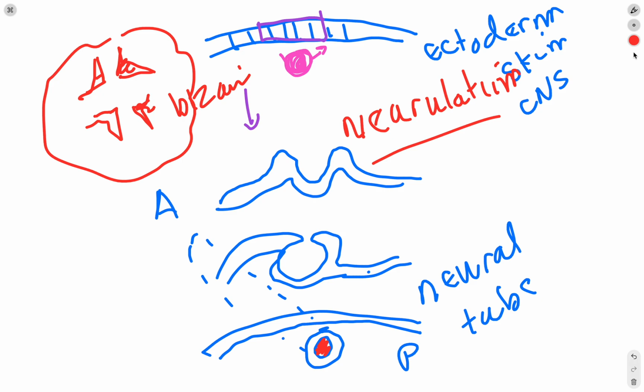You can see what's going on, and we'll learn more about it: the signals coming from the notochord are received most strongly by these cells, and then a little bit less by another set of cells next to them, and less and less. So we're making the neural tube by just being close to it. And there are some really special cells here that actually don't get into the neural tube.